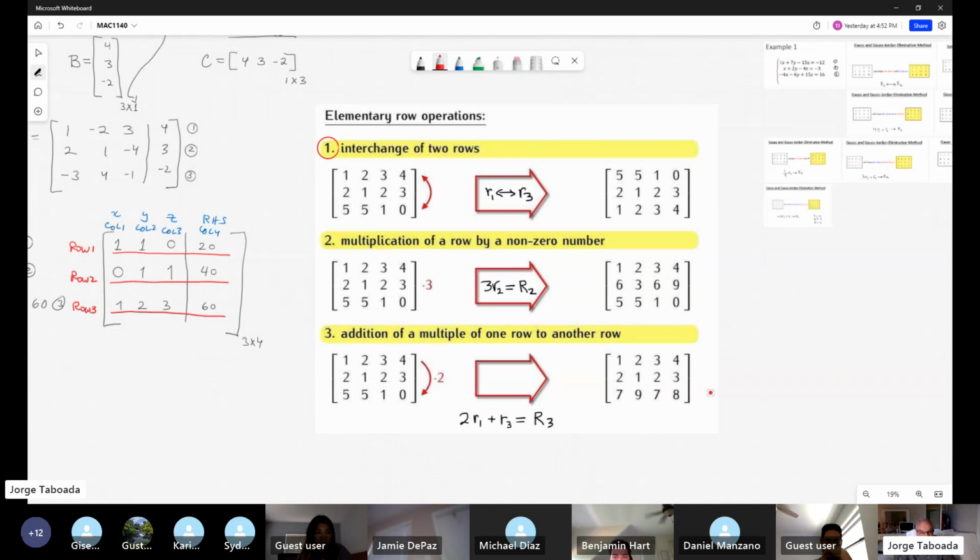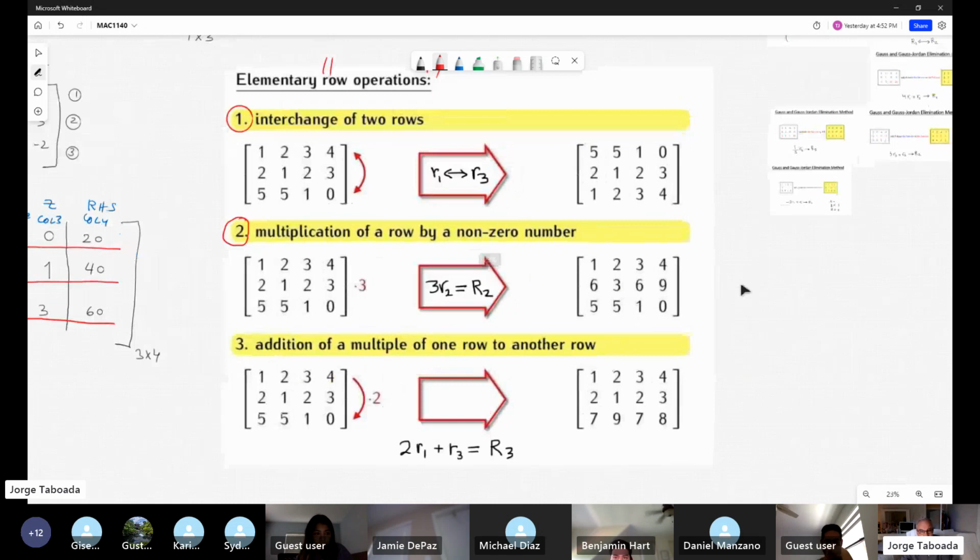The first row operation we study is interchanging two rows. The second row operation is multiplication: multiply a row by a non-zero number. You can multiply any row you need. For example, in this PowerPoint example, be familiar with this notation: 3 times R2 equals capital R2.